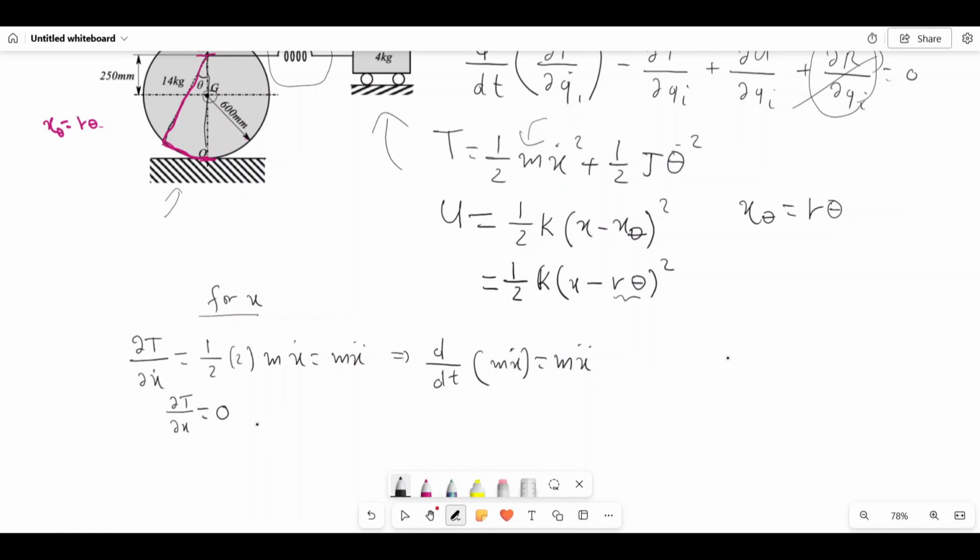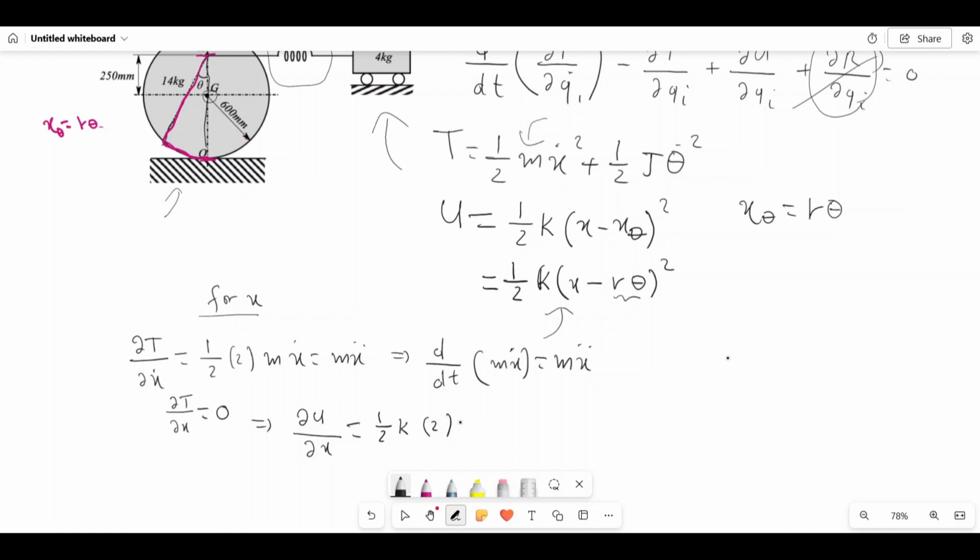So what is next, Mr. Kabelo? In this case, we need to solve for partial u, partial x. So this is our expression of the potential energy. Again, the chain rule, let's do it together once. We can still write the half k first. The 2 will drop, which always drops. We differentiate what is inside. Because x is the variable, this r theta is a constant, it will be 0.